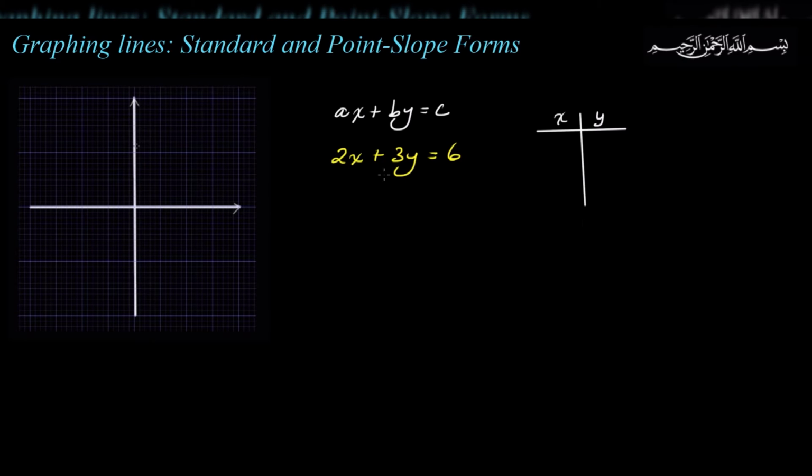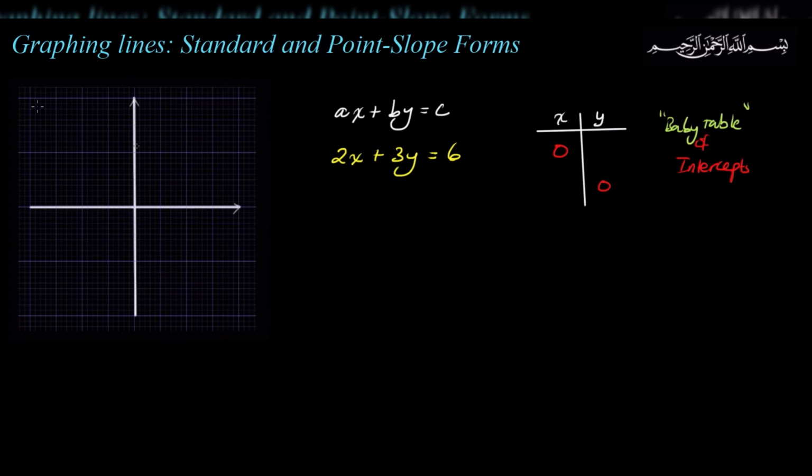So I affectionately call this the baby table, because it's going to have only 2 points in it. It's not just any ordinary baby table, it's the baby table of the intercepts.